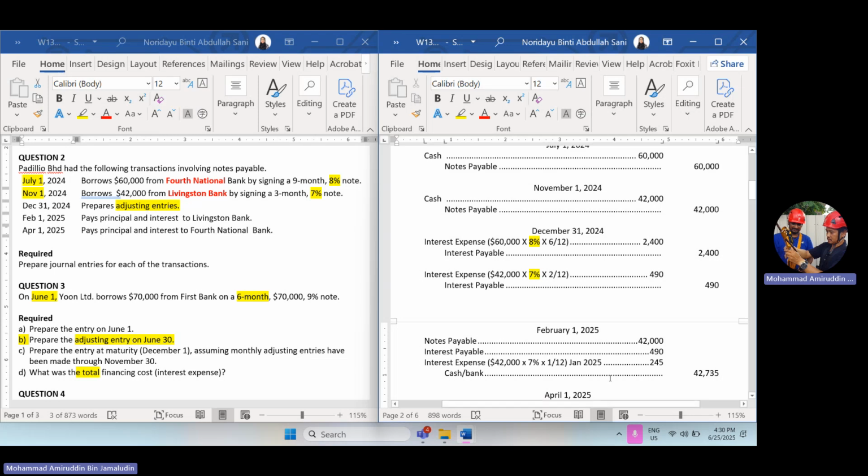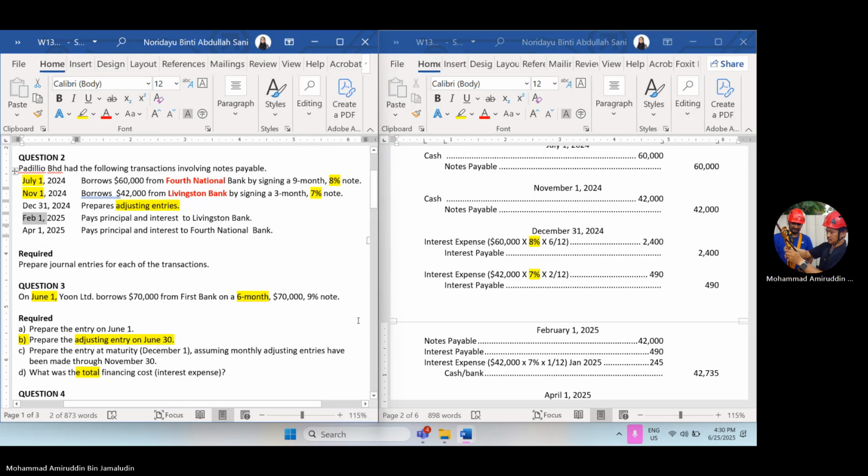So we compute the 1 month interest. Why not 2 months? Because we make payment on 1st February. If we made payment on 28th February, yes, it would be 2 months. Do you copy me? Start with 1st January 2025 until 1st February 2025, 1 month. So be careful, guys, with the date.